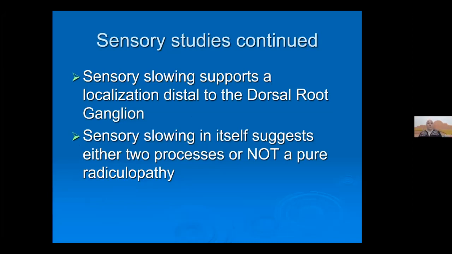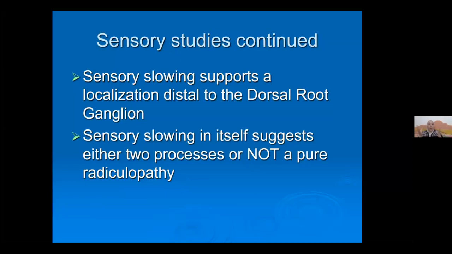What's the importance of sensory studies? Why is it very important and indispensable? Because if slowed, if abnormal, it supports a localization distal to the dorsal root ganglion. And what we are having is mostly a region proximal to the dorsal root ganglion.